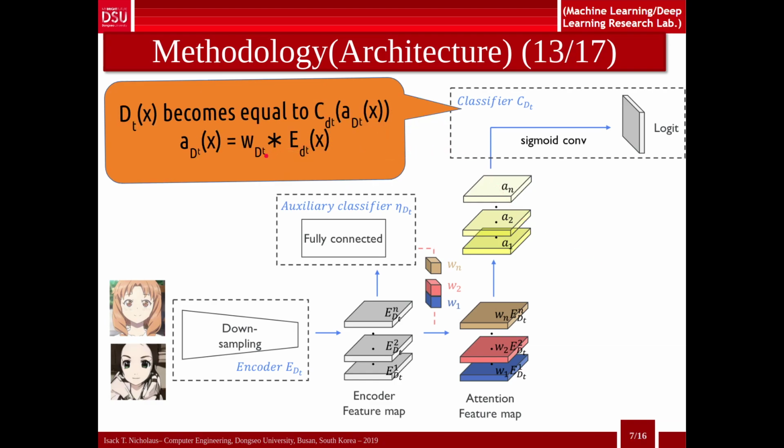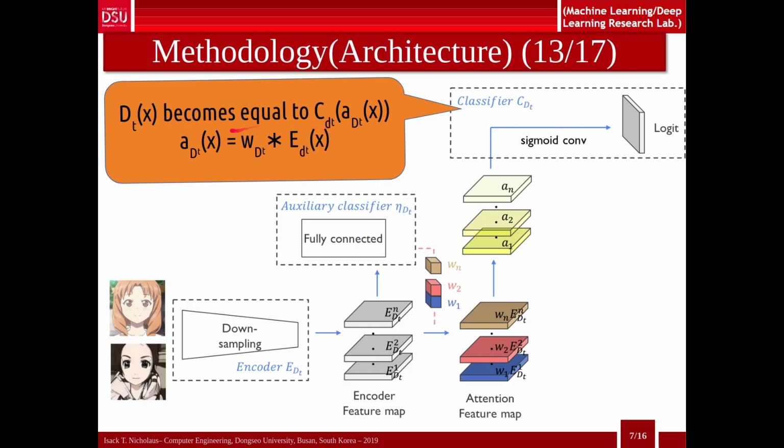As we know, now the classifier will not be fed with X directly, but instead we will use the attention feature map which is learned from the auxiliary classifier, in which this attention feature map contains very distinctive features learned from the given input.